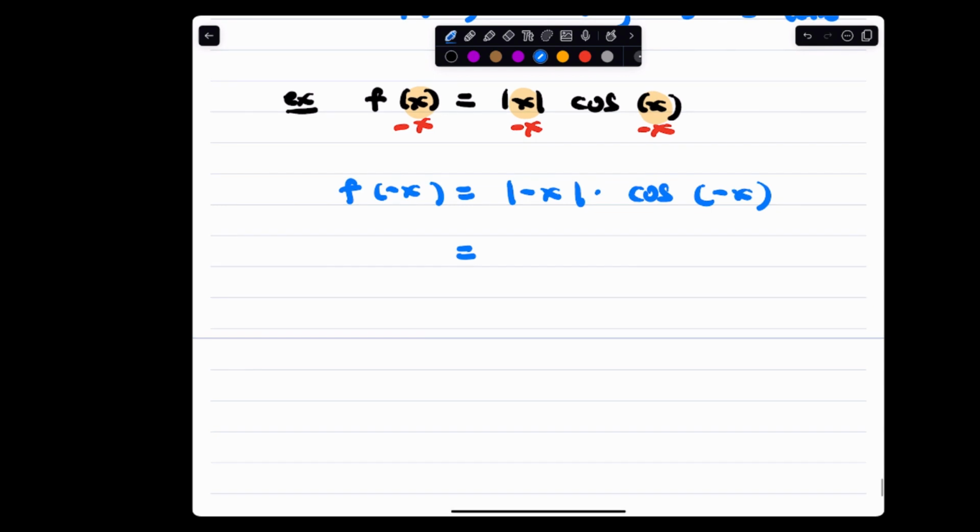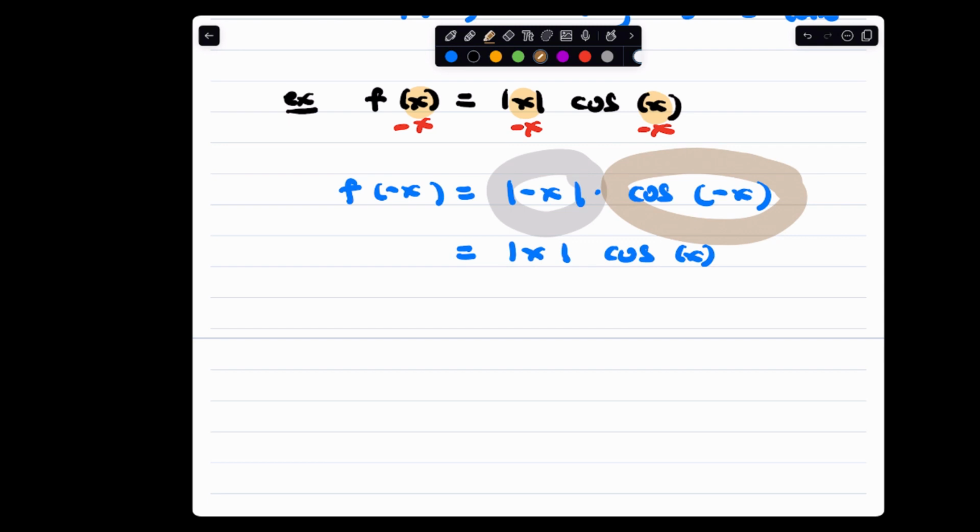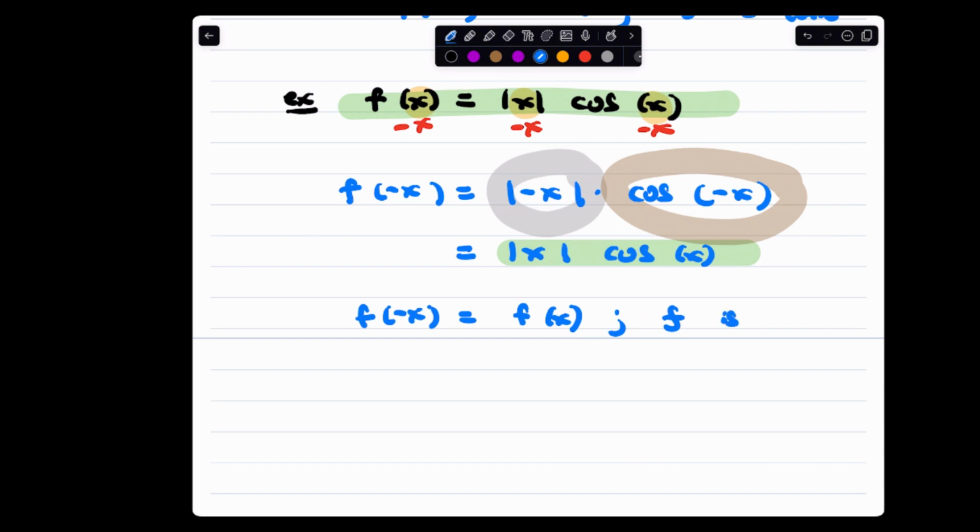We know the absolute value of negative x is the absolute value of x. What's cosine of negative x? Cosine x. In other words, like before, you have to know what this is, and you have to know what this is. Have you seen this function before? What do we call it? That's f. So the left side says f of minus x is f of x. That means f is even.